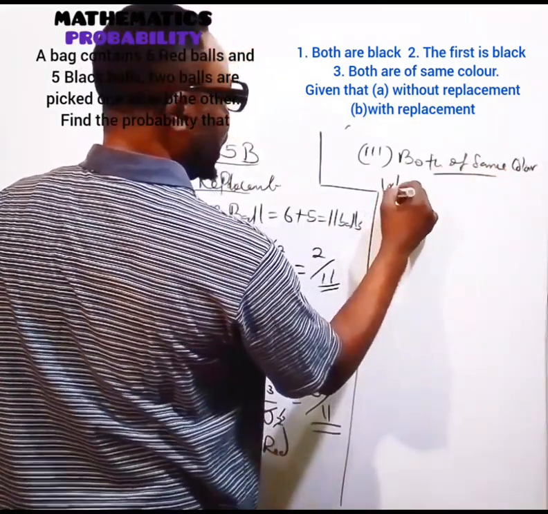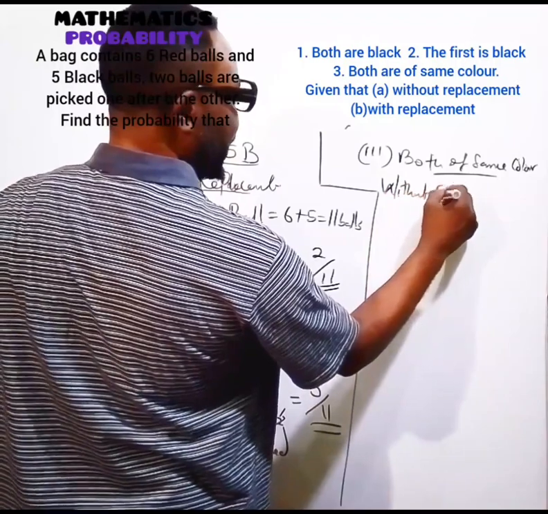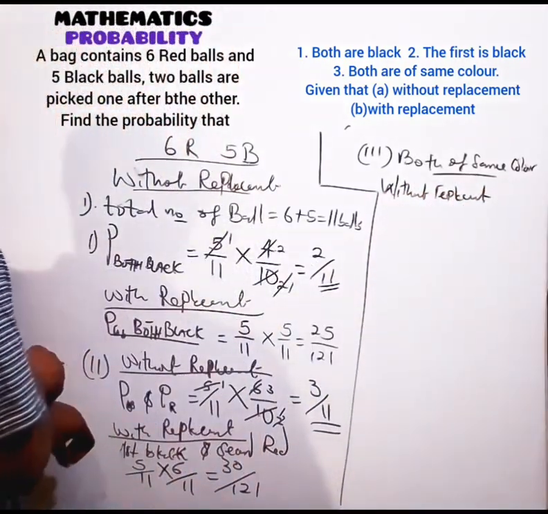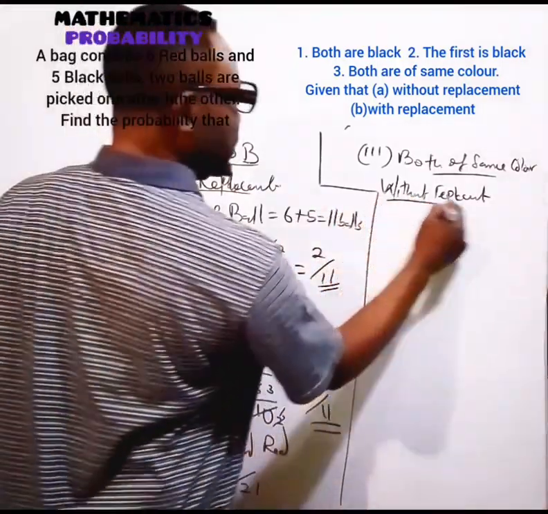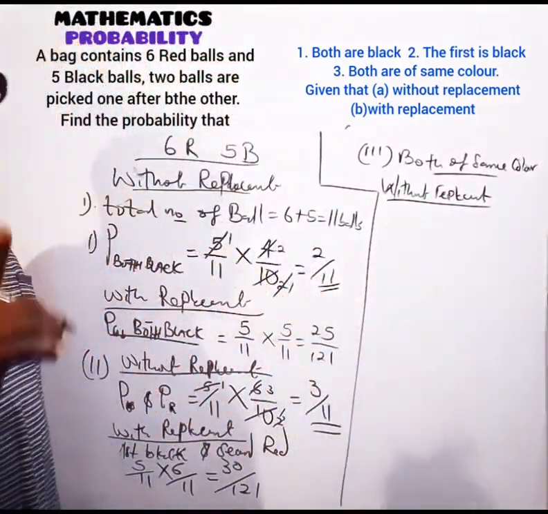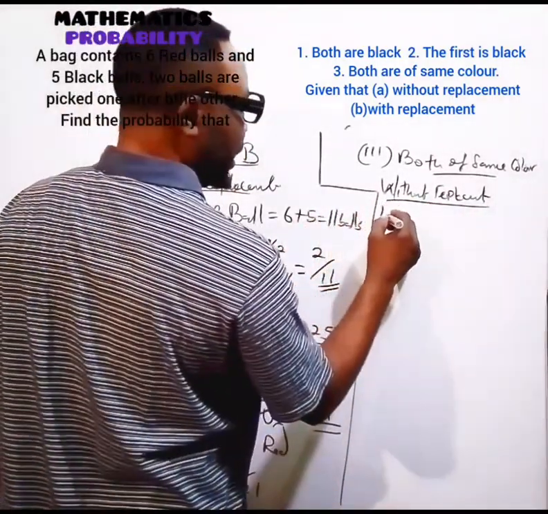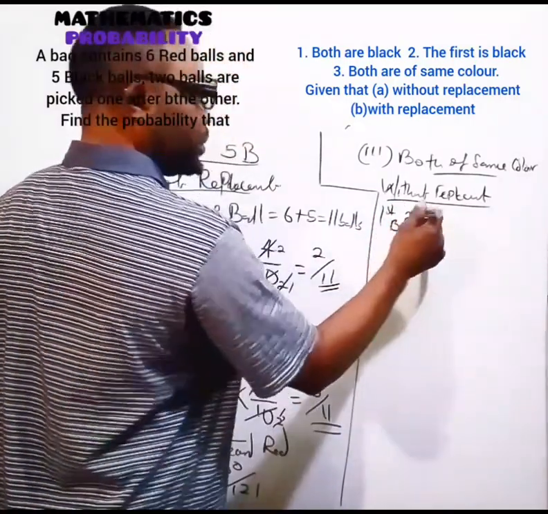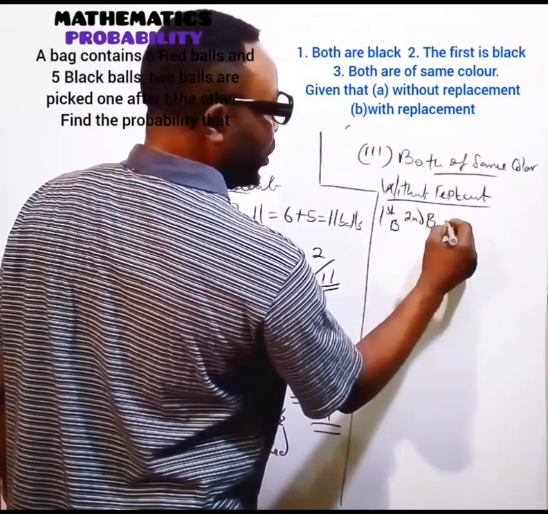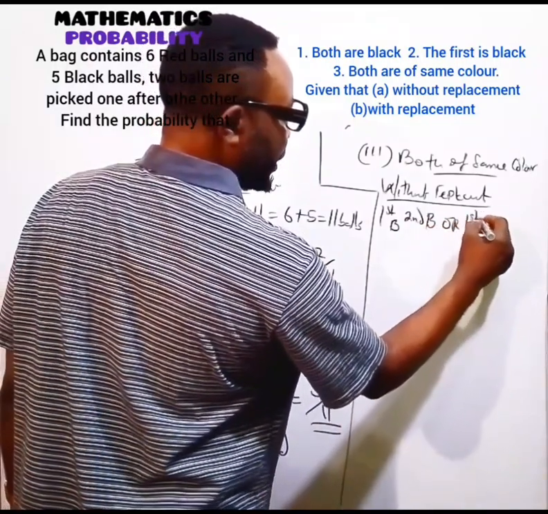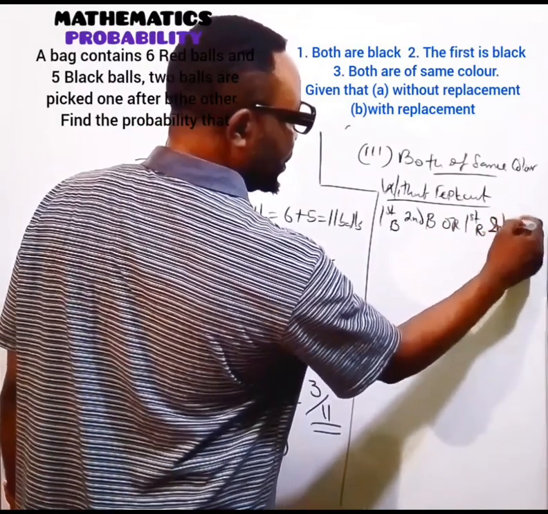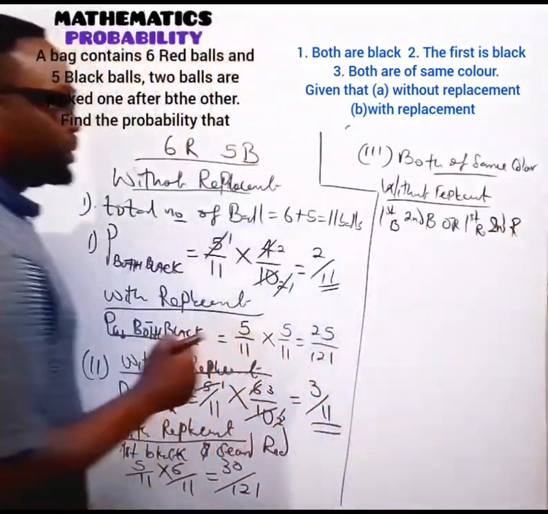For without replacement, first is black and second is black, or first is red and second is red as well.